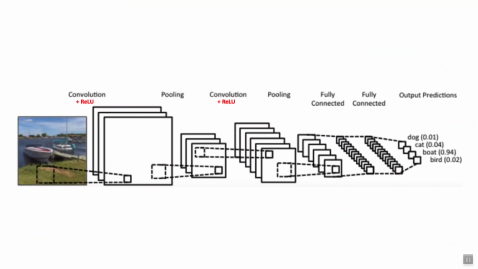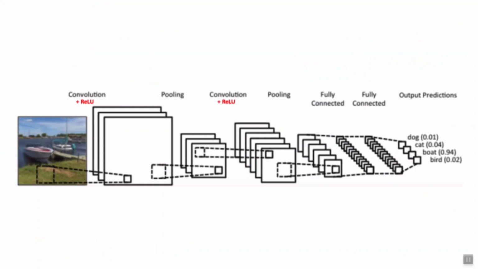It classifies whether something is a dog, a cat, a boat or a bird, and for this particular image the boat gives a high score, 94.94, whereas the dog cannot. The bird gave a very small score, 0.1, 0.4, 0.2, and so the convolution neural network figures out that the image is a boat image.